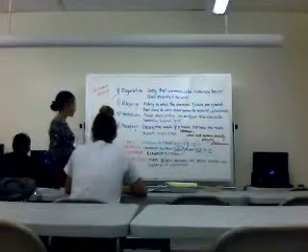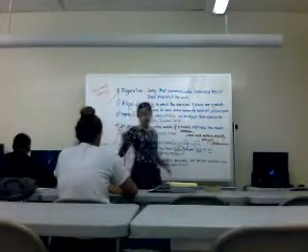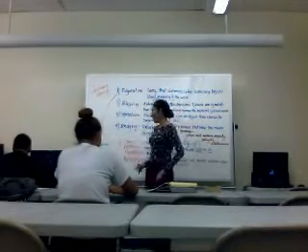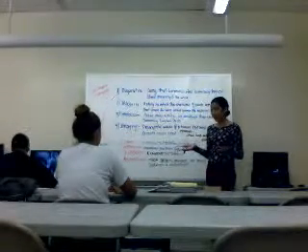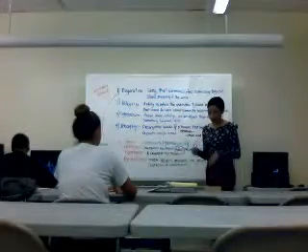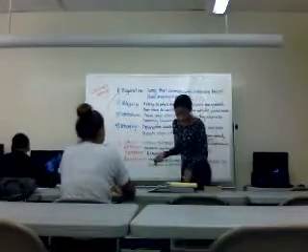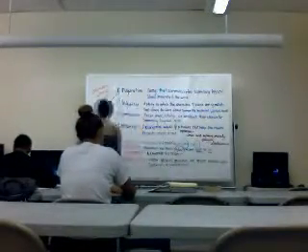I'm just writing this down because I feel like this is really important. It's better for you to have notes of it than not. Alliteration basically is the repetition of consonant sounds at the beginning of words in a poem. So I'll write down the definition, then I'll give you an example.